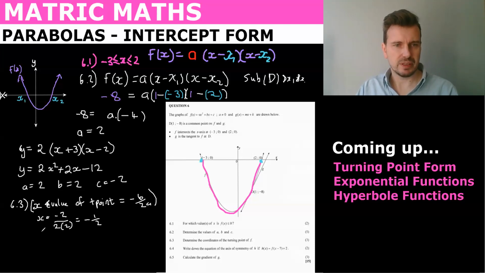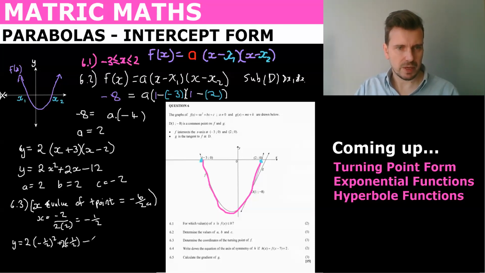And then the y value, you just simply substitute negative 1/2 into the original. So y is equal to 2 times negative 1/2 squared plus 2 times negative 1/2 minus 12. So this becomes a quarter. 2 times a quarter is 1/2.